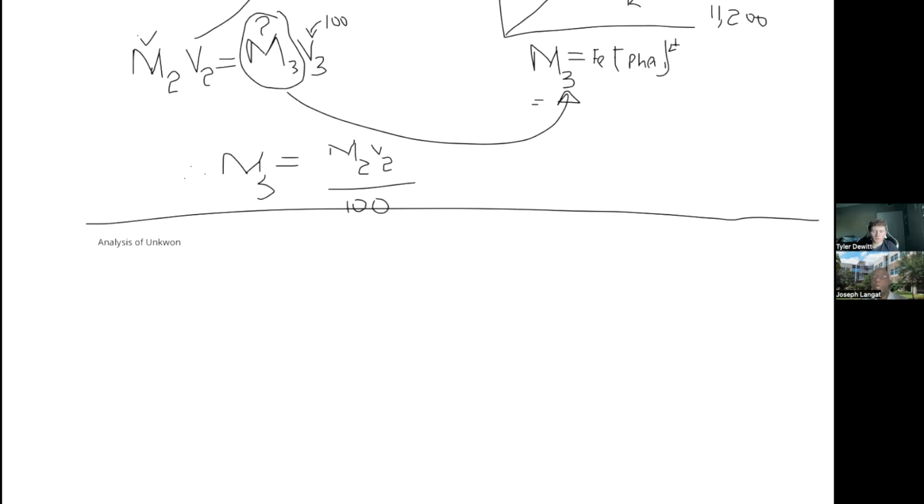So there is no way you will know M1 straight away. At the outset, you prepared, you massed out the stated amount of unknown sample in your 1000 ml volumetric flask. What was the mass you had to mass out? Let me check.